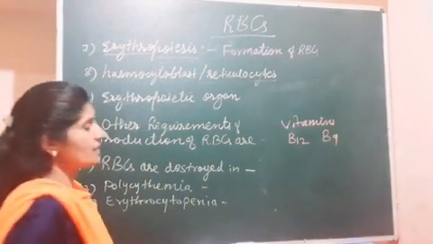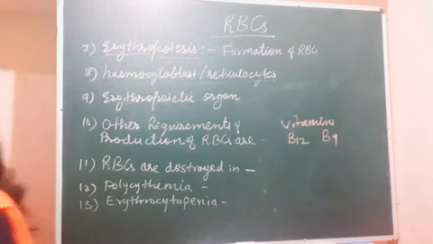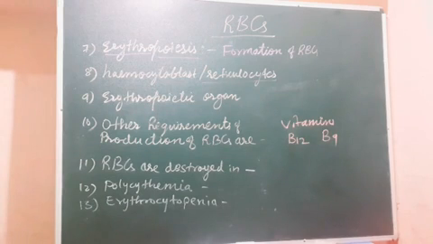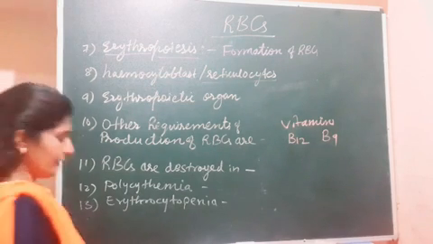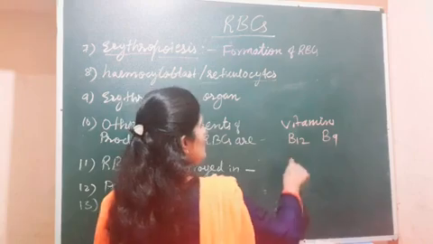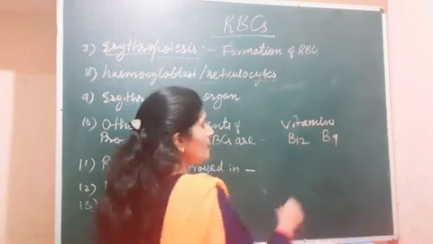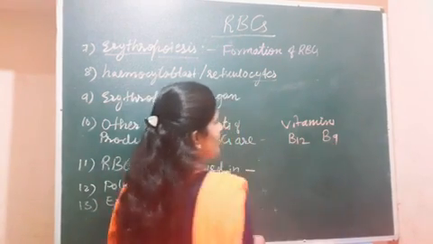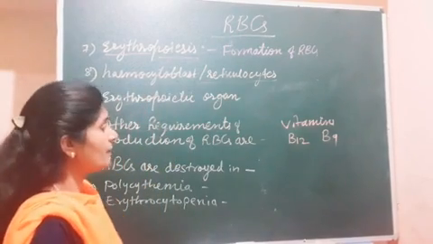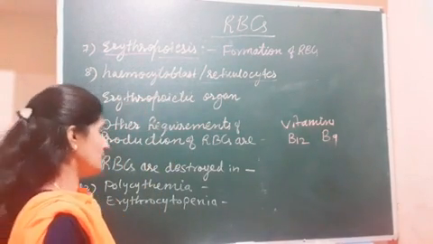These two vitamins are required for the production of RBCs. B12 means cyanocobalamin, B9 in the sense of folic acid.